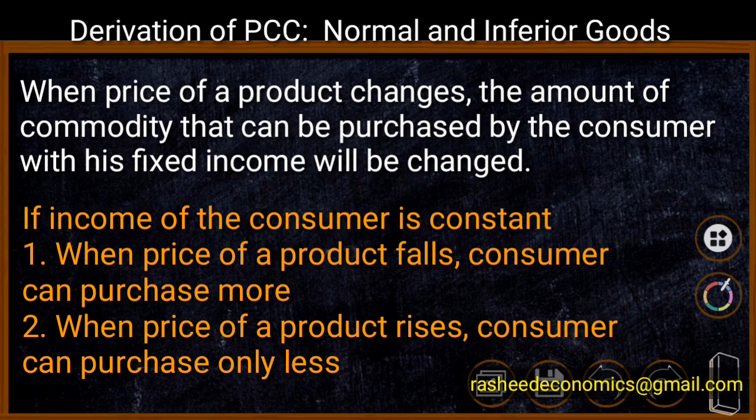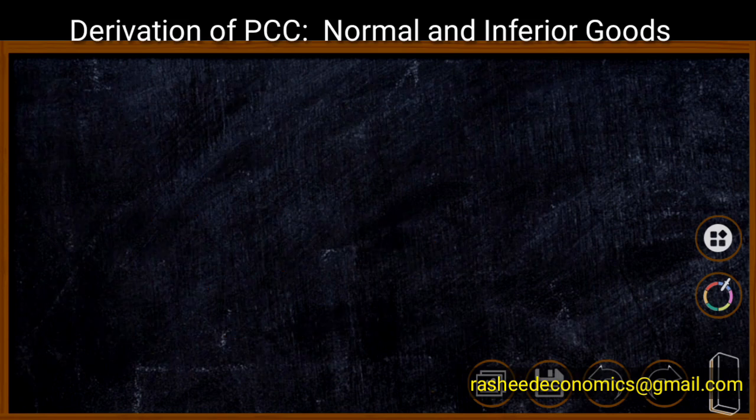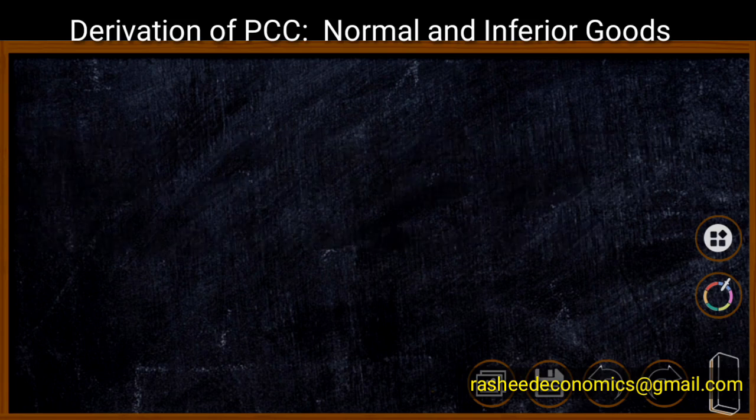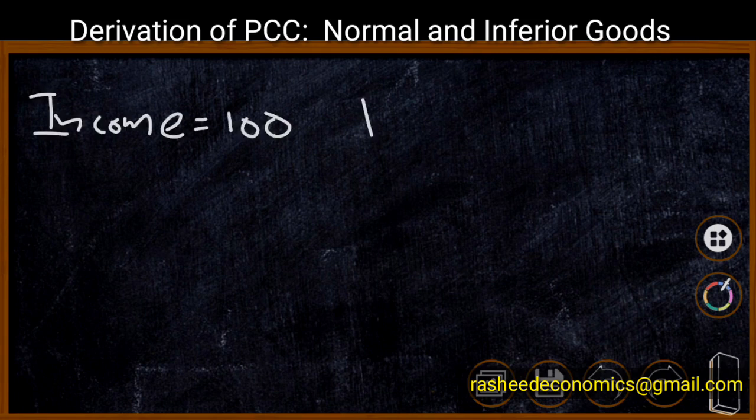Therefore, if income is fixed and price is changing, there will be a change in the income price line in favor of the price changed product. Here we are keeping the quantity of the other product constant. For example, suppose income of the consumer is rupees 100, price of product X is rupees 10 and price of product Y is rupees 5.